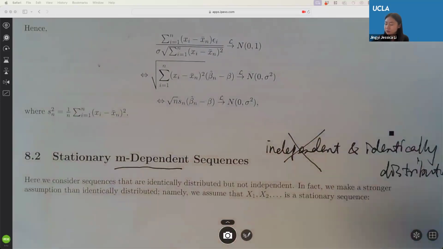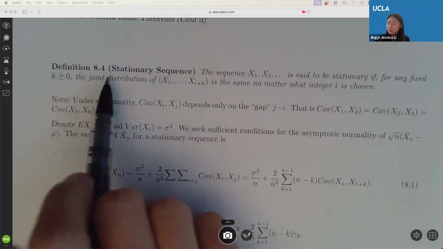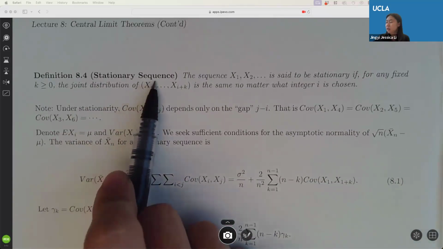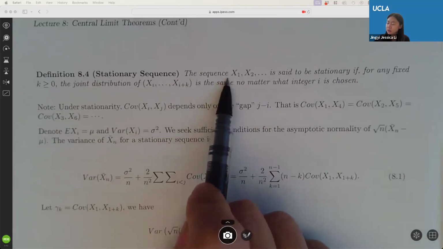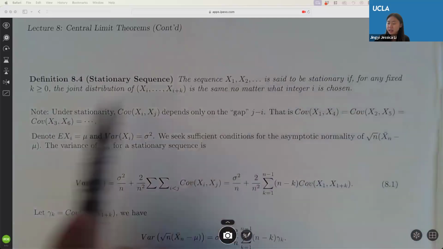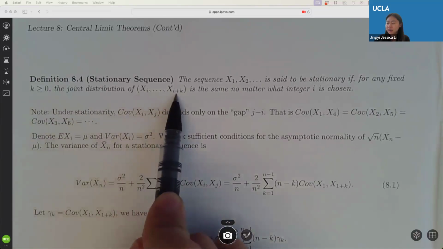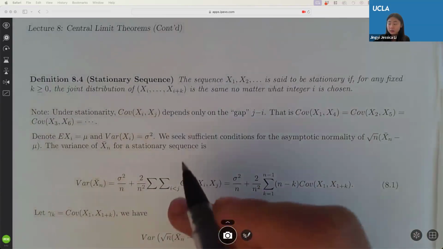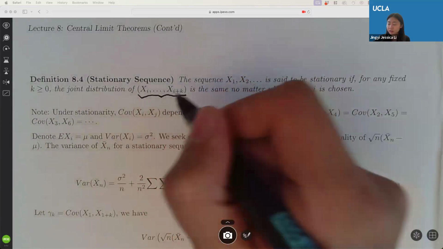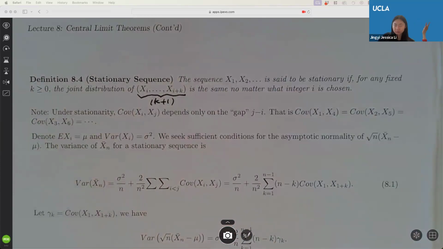To explain this, we will introduce a concept called a stationary sequence. The sequence x1, x2, and so on is said to be stationary if, for any fixed k greater than 0, the joint distribution of xi to xi plus k, so k plus 1 of them, is the same no matter where the integer i is chosen.